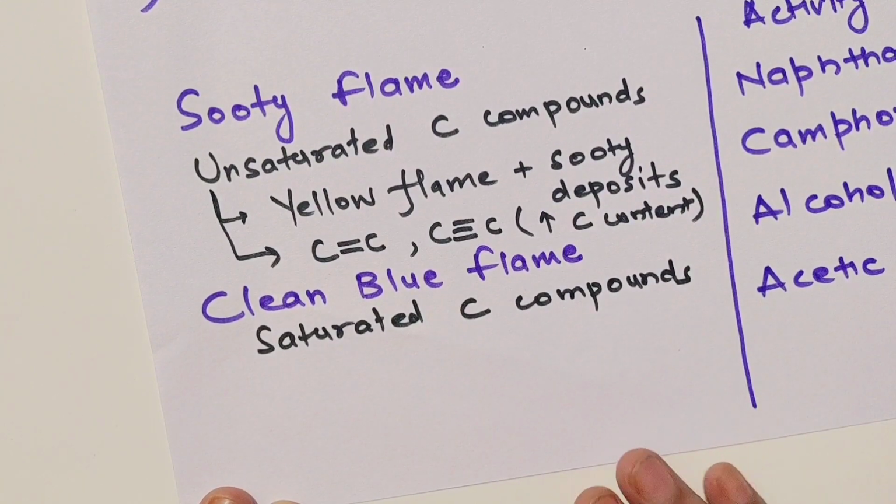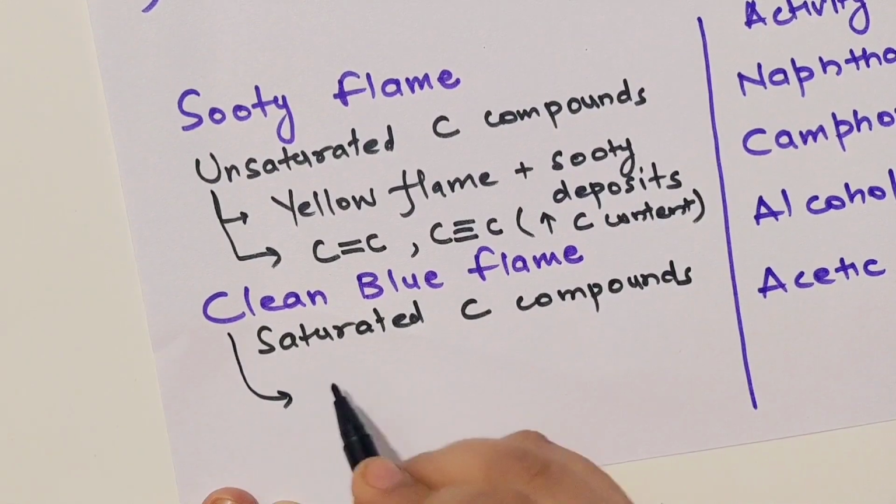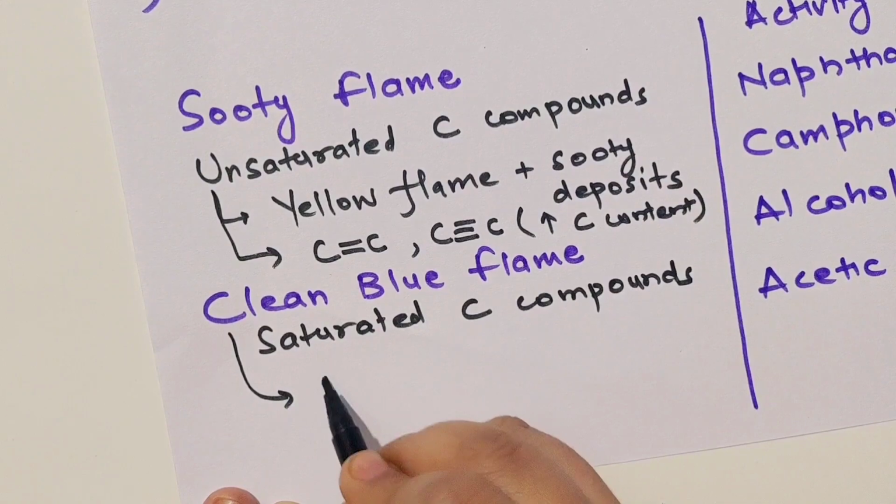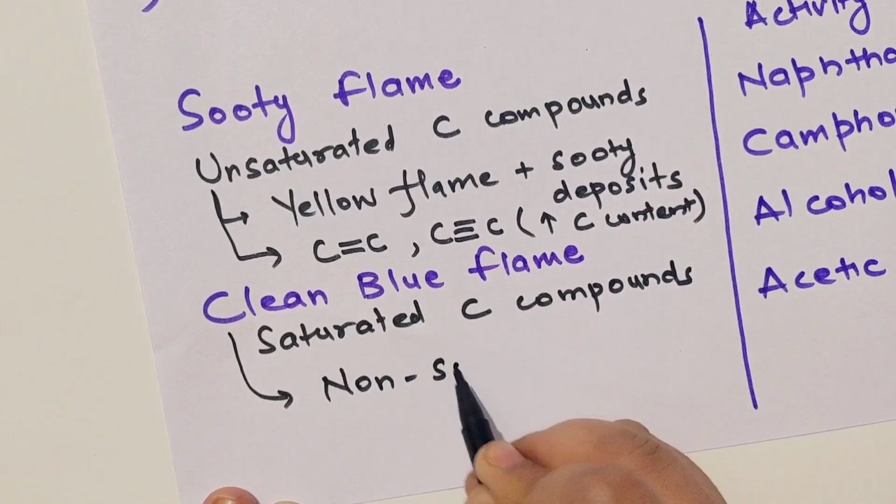That means they have a high percentage of hydrogen, therefore comparatively low percentage of carbon. Low percentage of carbon means all of it will get completely combusted and converted into carbon dioxide. No sooty deposits. So it will burn with clean blue flame, and it's also called non-sooty flame.